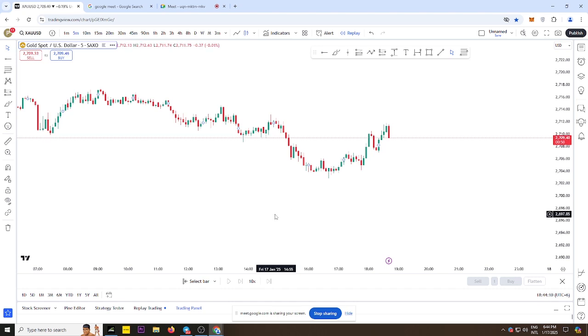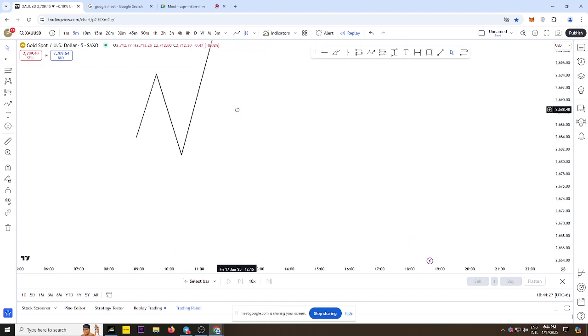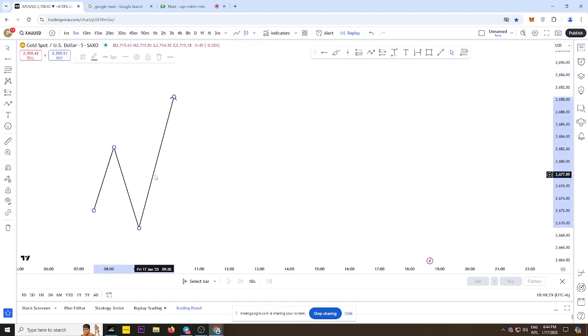If we start with direction, the first thing I'm going to tell you is that every direction is based on something called the N shape. Not M, N shape. Like this one. So this is the fundamental and the very best way to identify a trend.